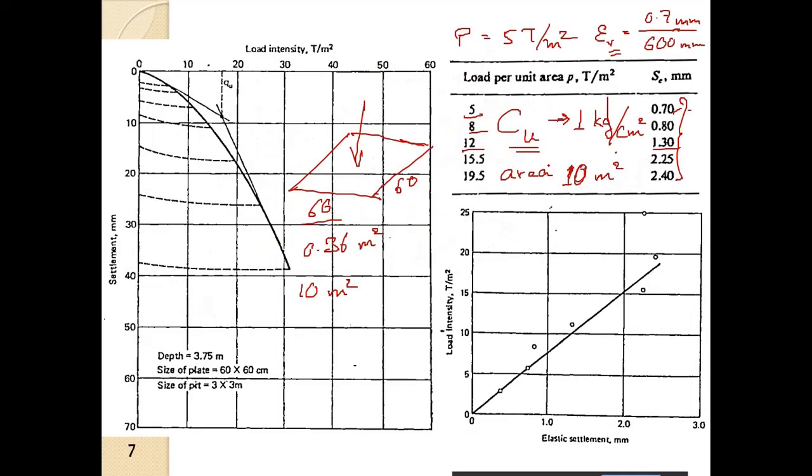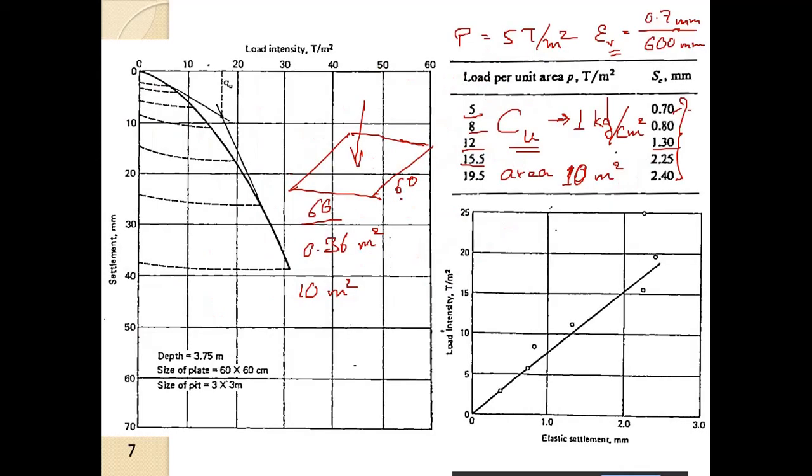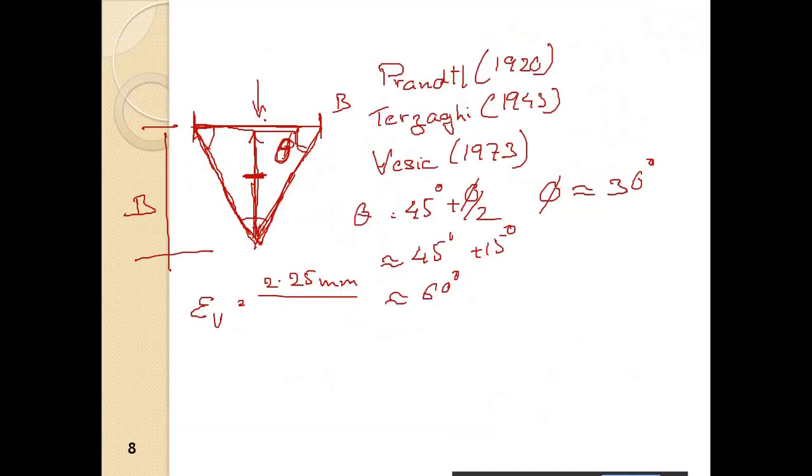Suppose we consider this 15.5, it is 2.25 mm divided by the width of the foundation. The width of the foundation, that is the plate with which we did the plate load test, is 60 centimeter, so divided by 600 mm. Very easy. So this is epsilon.